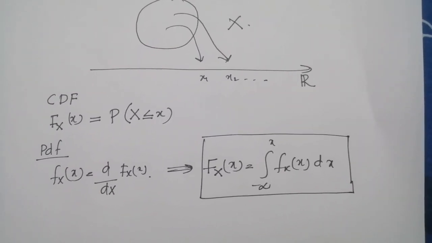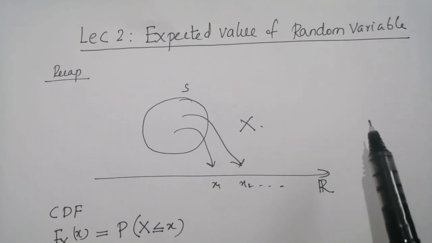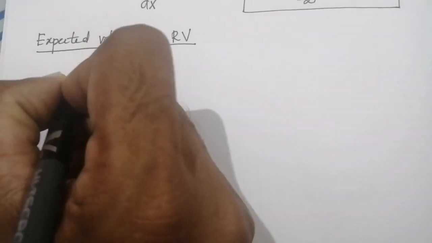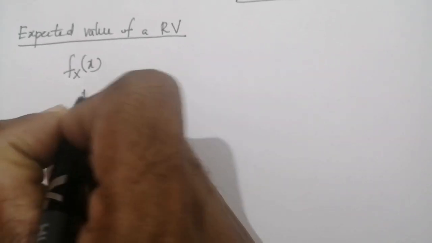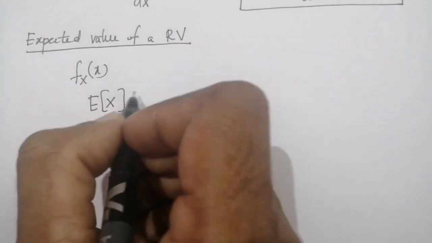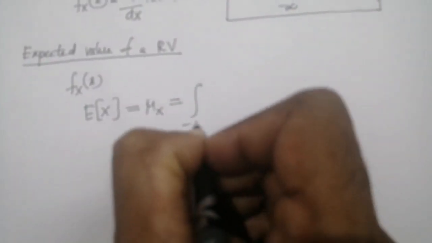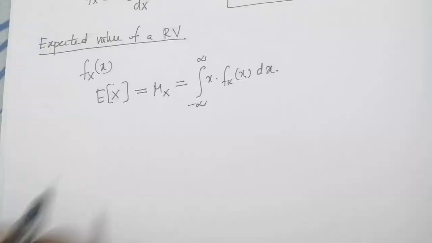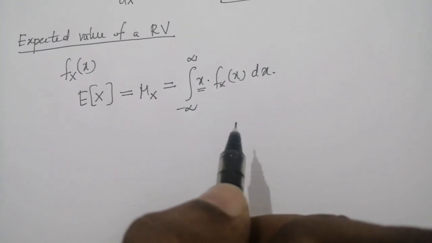Today we will discuss the mean value of the random variable, or expected value of the random variable. If X is a continuous random variable with a valid PDF f_X(x), then the expected value of X is given by E[X], that is mu_X, equal to the integral from minus infinity to plus infinity of x times f_X(x) dx, where x is the value taken by the random variable.